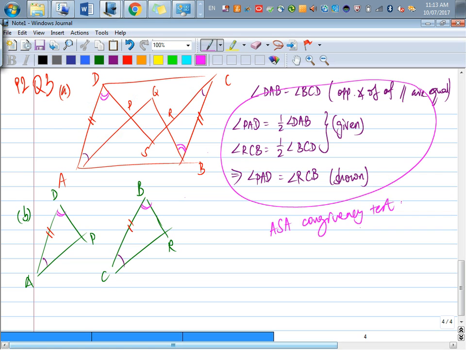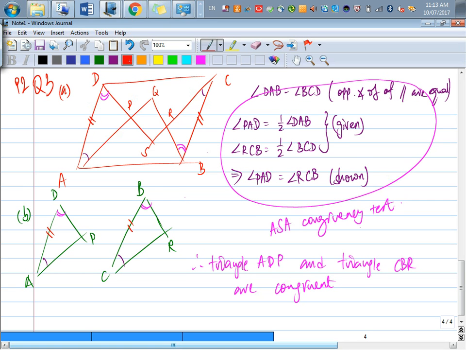Now, your presentation for the last line. Therefore, triangle ADP and triangle CBR are congruent. No, you can't do that. I've said it before already.